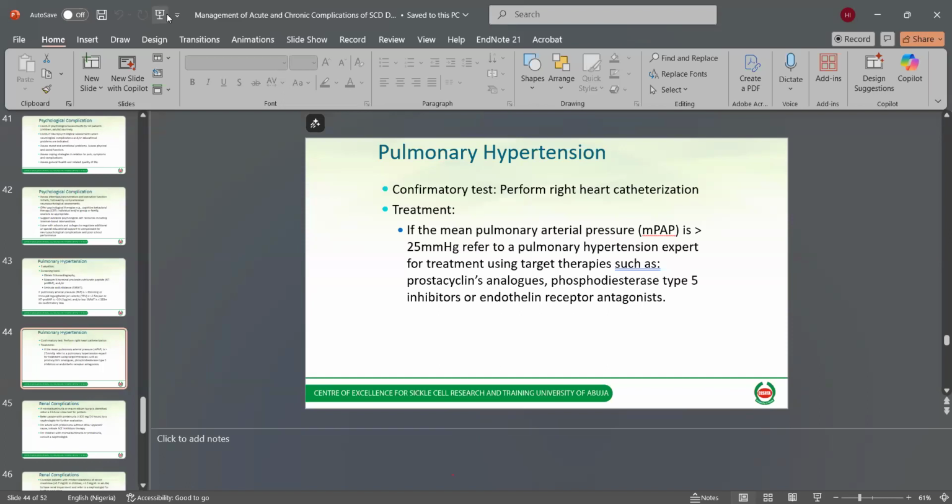Treatment: if the mean pulmonary arterial pressure is greater than 25 millimeters of mercury, refer to a pulmonary hypertension expert for treatment using target therapies such as prostacyclin analogs, phosphodiesterase type 5 inhibitors, or endothelin receptor antagonists.